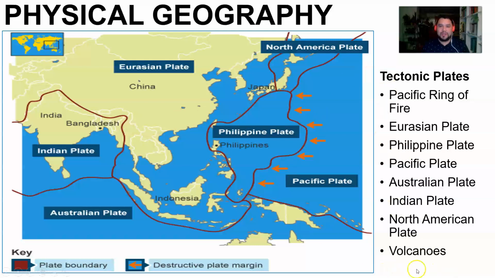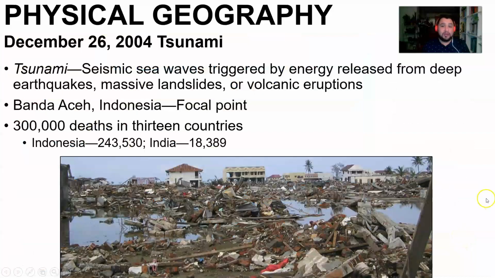It is on the western edge of the Pacific Ring of Fire, and it is composed of the Australian plate and the Eurasian plate, but we also have the Philippine plate, which is pushing against the Pacific plate. And because of all this activity in the region, we have quite a few active volcanoes.